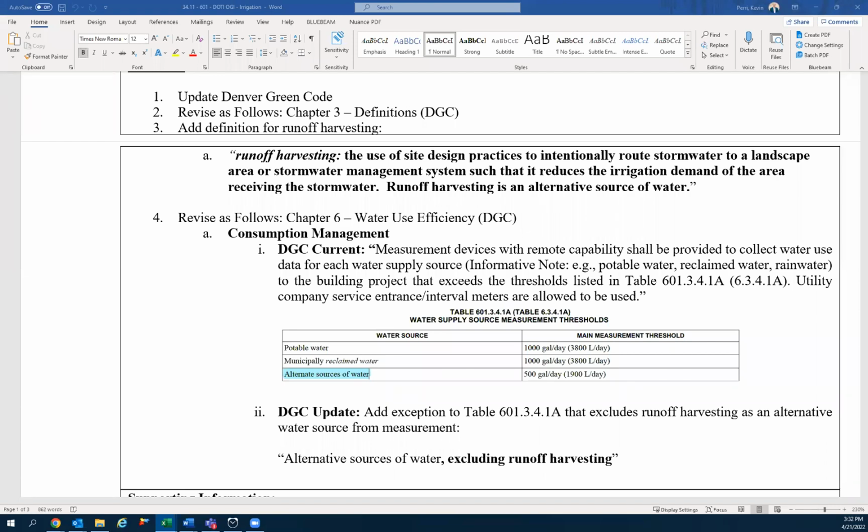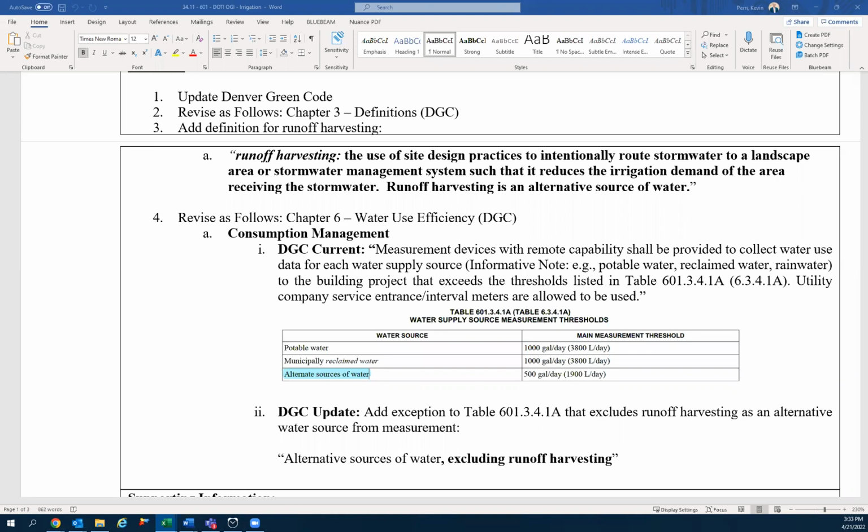We do that first by adding a definition of runoff harvesting, which is the practice of routing stormwater runoff to landscape areas intentionally. First is just defining it and establishing it as an alternative source of water. That's 3A.